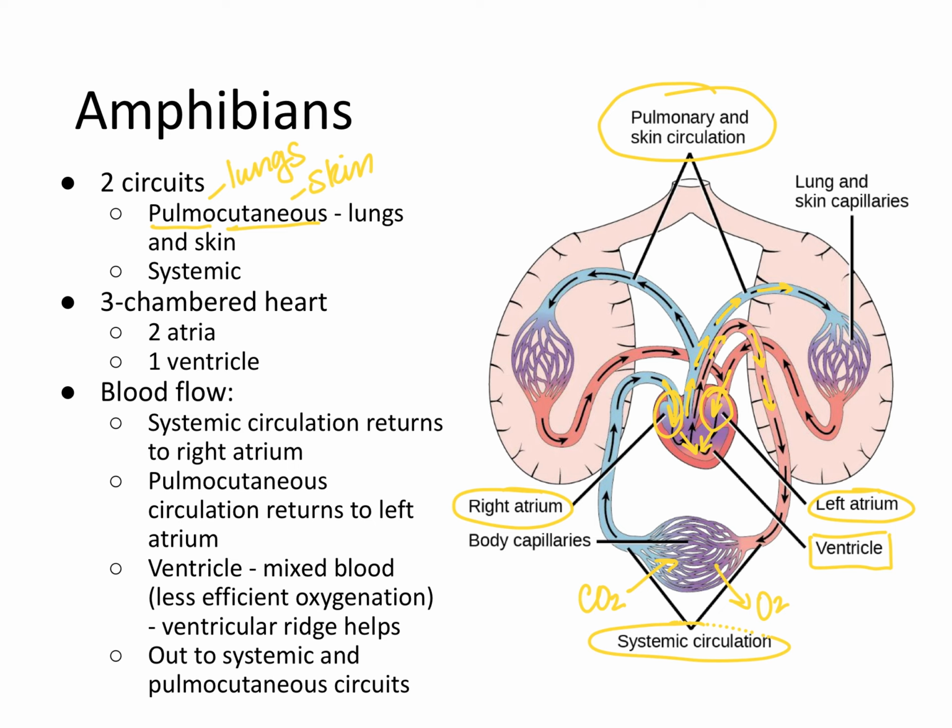And then going back to the pulmocutaneous circulation, remember that it is going to be dropping off carbon dioxide so that it can get removed from the body, and it's going to take up oxygen.